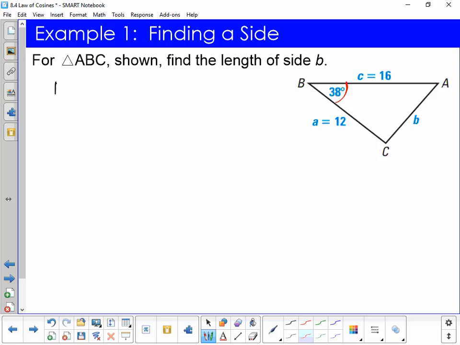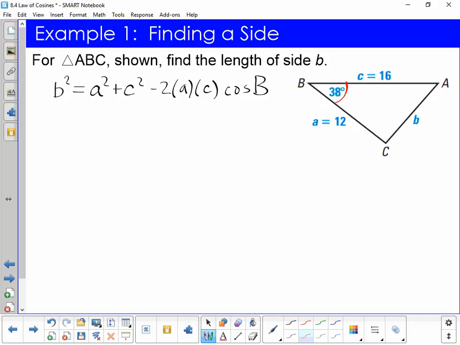So we're going to use the formula b squared is equal to a squared plus c squared minus 2ac cosine B. So we're going to use this version of the formula.